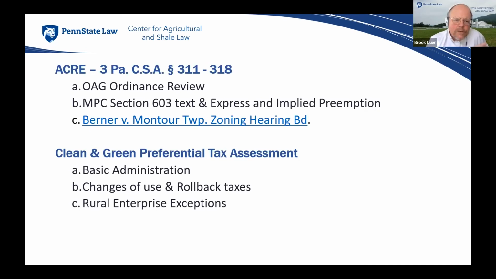So it's a little out of order from the way some people would present this, but we're going to talk about ACRE first here, which flows nicely directly out of the right to farm law protections, because it really was a statutory remedy that came right from the perceived inadequacies of the right to farm law and going that extra step.